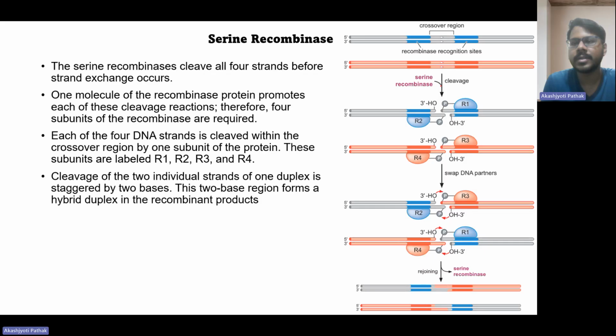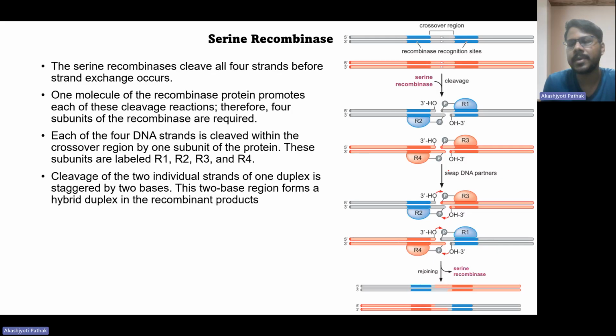So you see here a cleavage has taken place, which has generated the 3' OH group and a 5' phosphate group. Okay. Similarly, at the other strand also there is a cleavage. Similarly, in the other DNA molecule, there is a double-stranded break taking place in both the DNA strands.